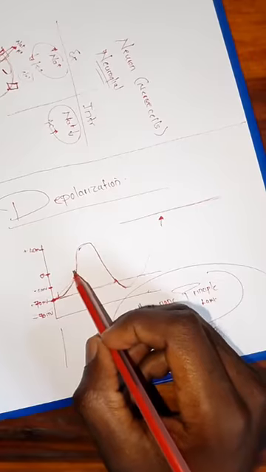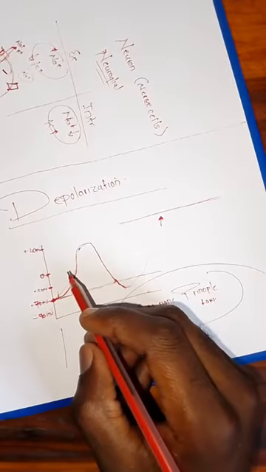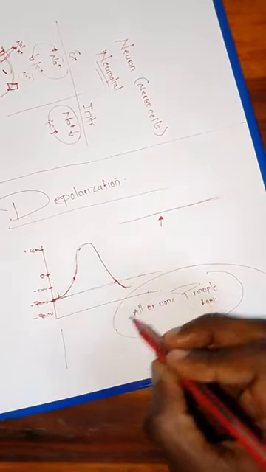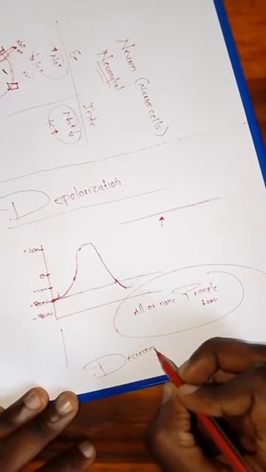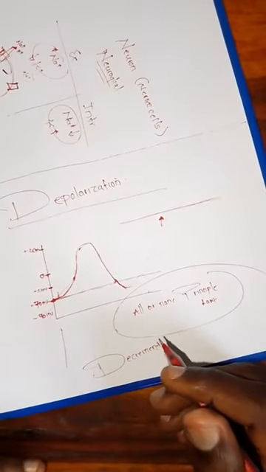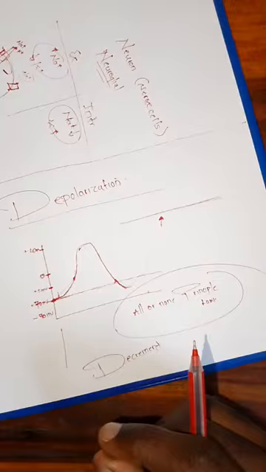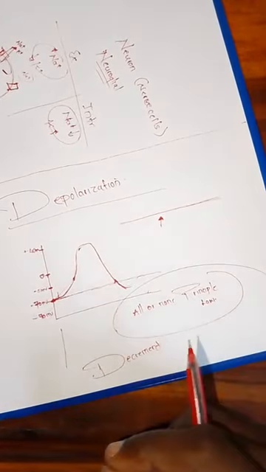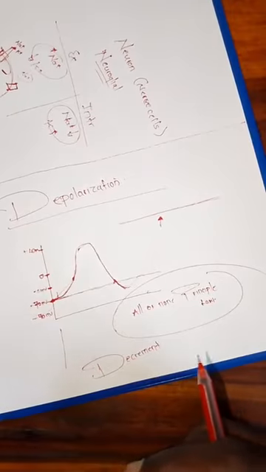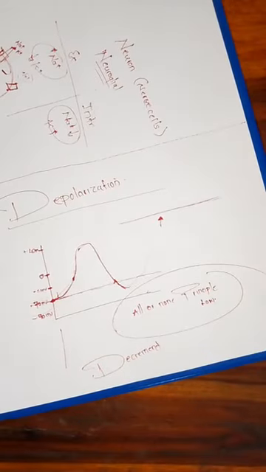That action potential will propagate without decrement. Decrement basically means reducing its strength, its amplitude or frequency, without it just reducing.